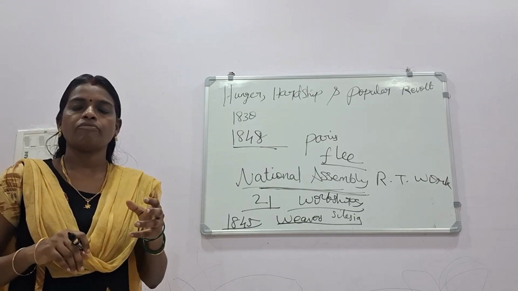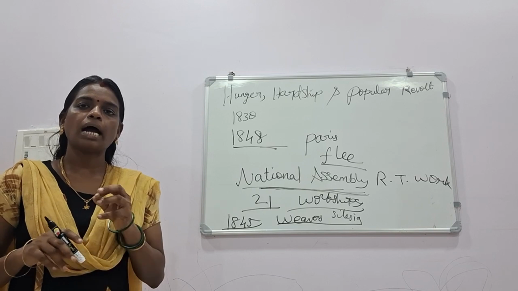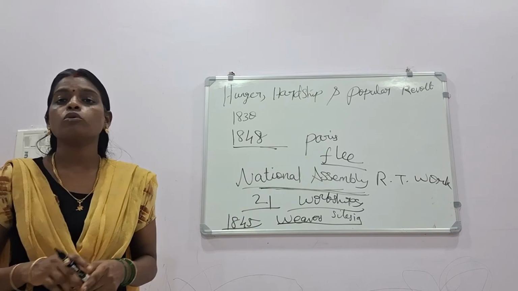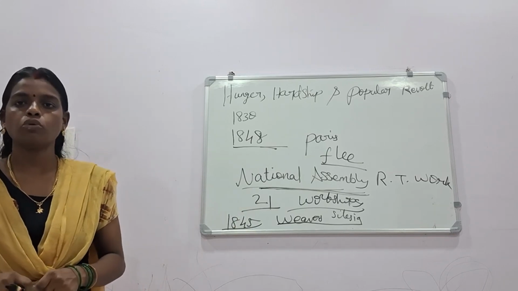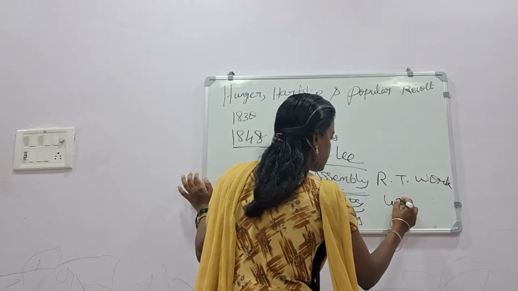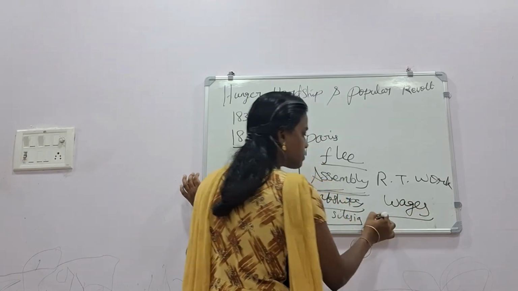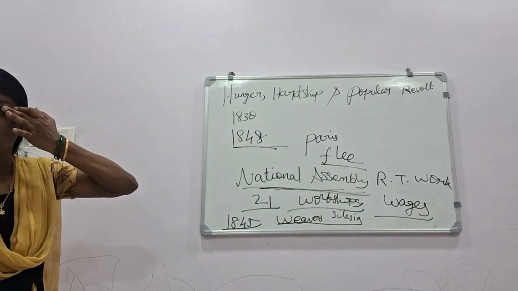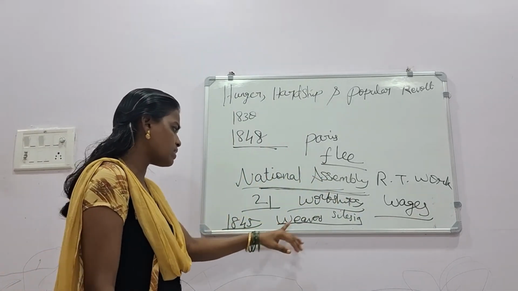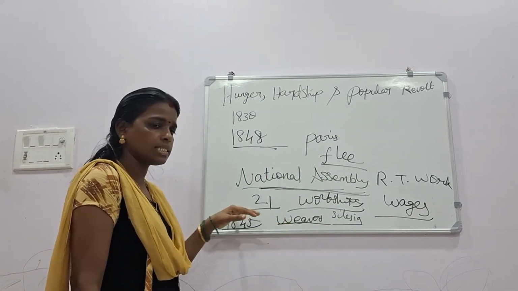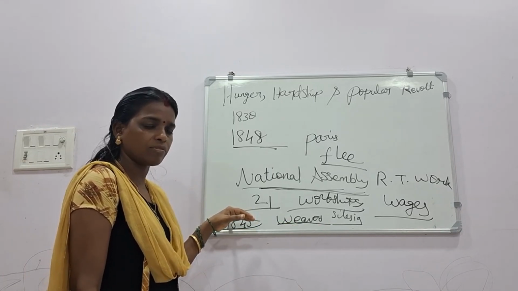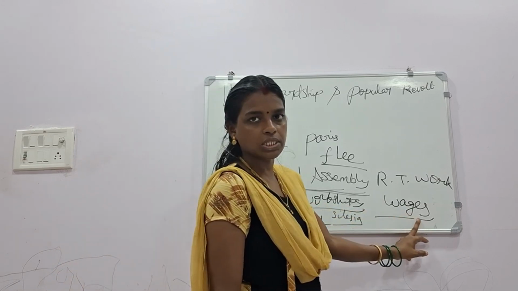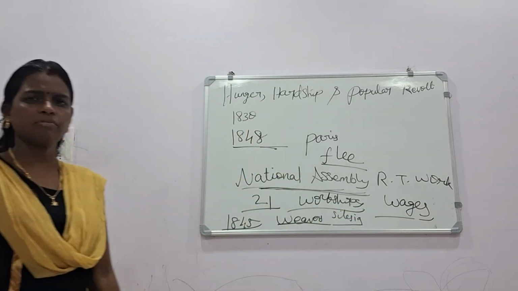So they fought against the people who had given them the job to demand more salary, more wages. Wages mean salary. So the weavers of Silesia revolted against the people who demanded production from them, asking for more wages. The year was 1845.